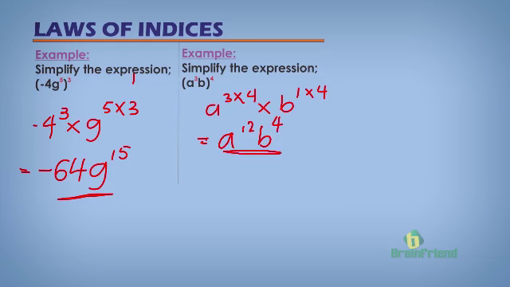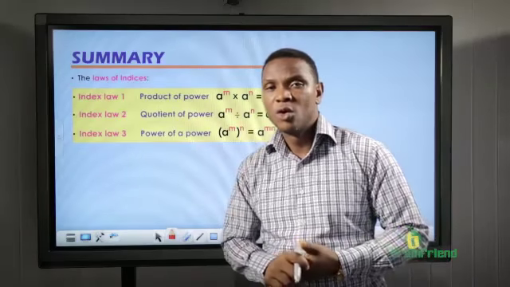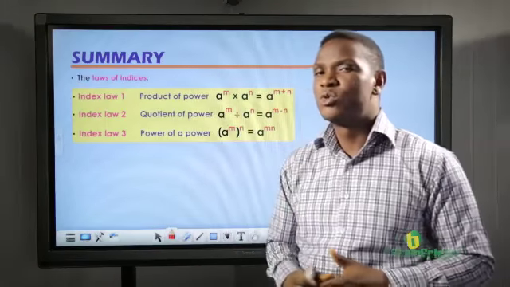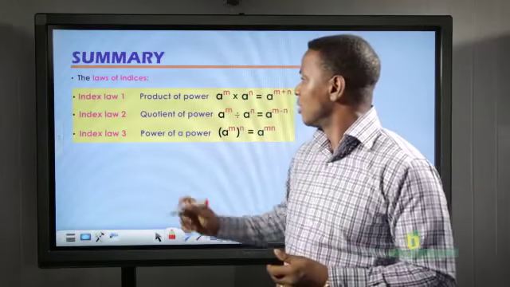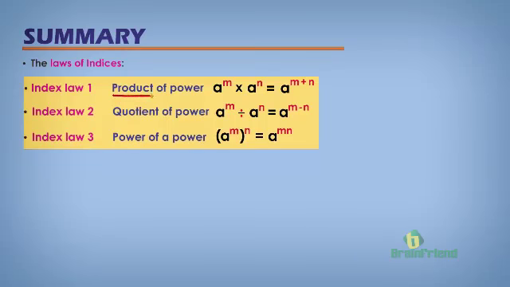That's our answer. In summary, we've looked at the first 3 rules of indices. We've looked at the product of power law, which tells us that a quantity a raised to power m times a quantity of like base raised to power n is equal to a raised to power m plus n. Means that for like bases, our powers add up.